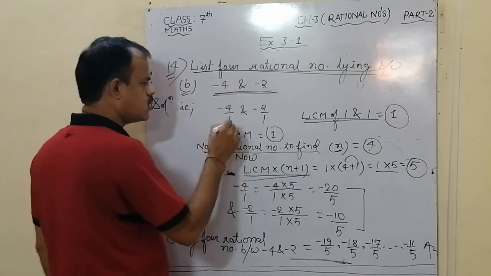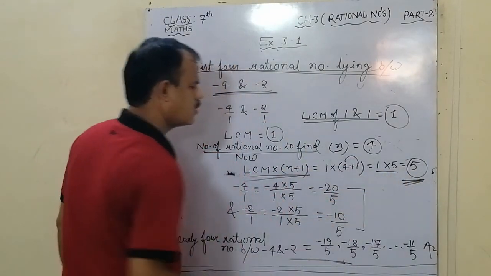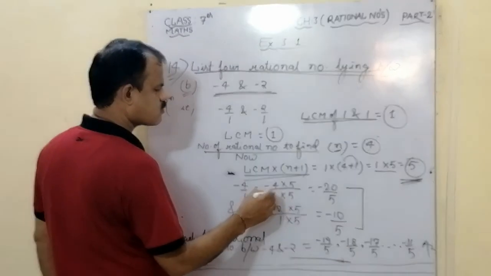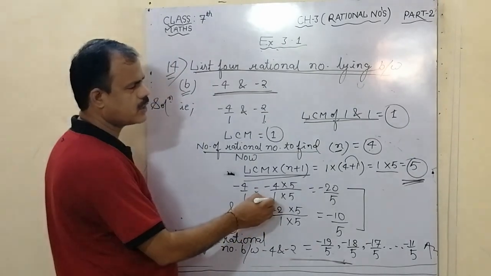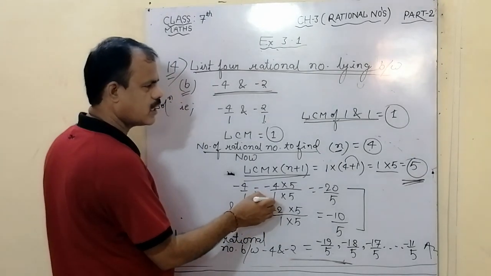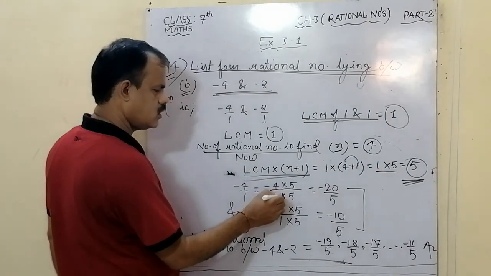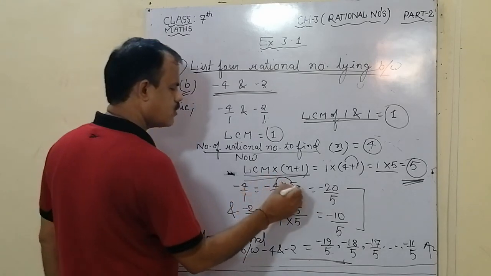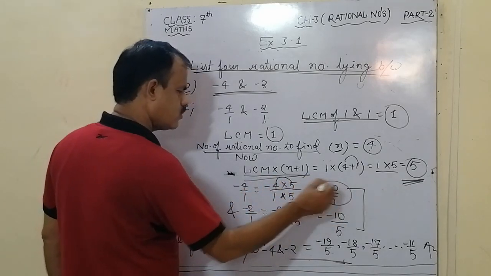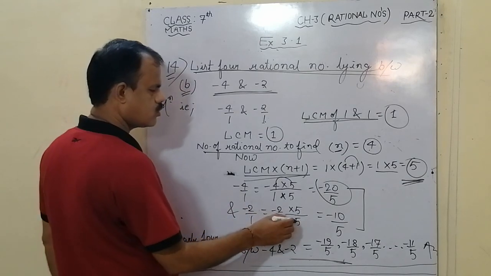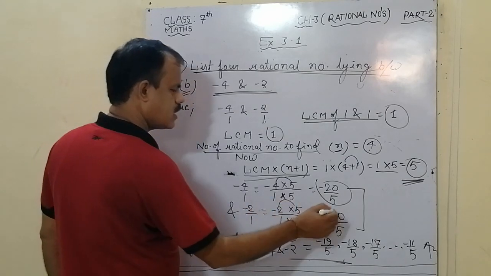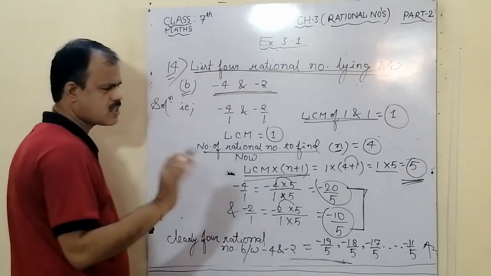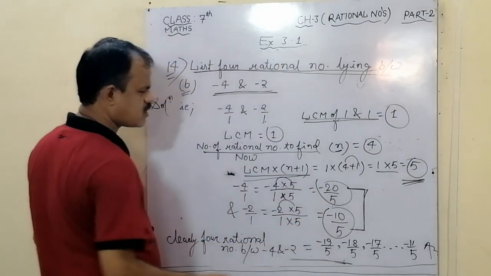So you have to change the denominator to 5, that is LCM into n plus 1. So -4 by 1 equals -4 by 1. By what number do you have to multiply 1? So that the product is 5. Clearly this is 5. So by multiplying both numerator and denominator by 5, 4 fives are 20, -20 by 5, and -2 by 1, 1 into 5, -2 into 5, -10 by 5. So you have to find 4 rational numbers between -20 by 5 and -10 by 5.